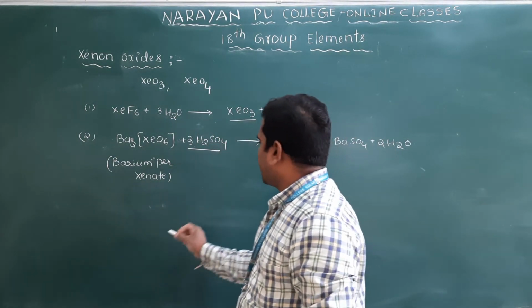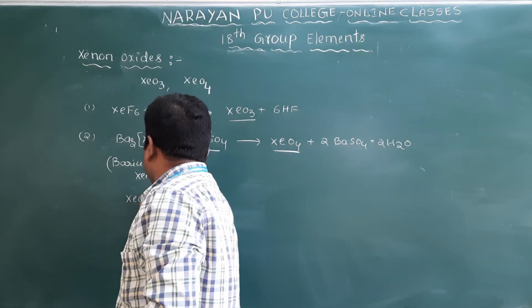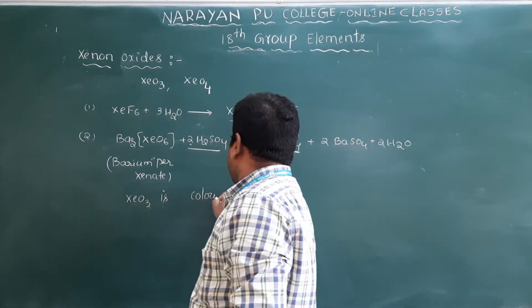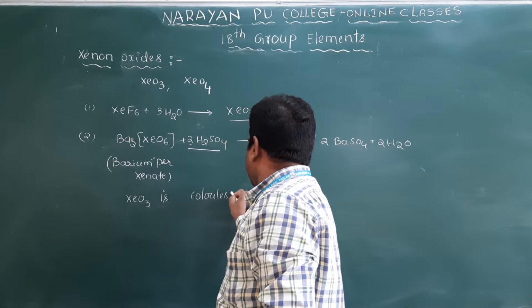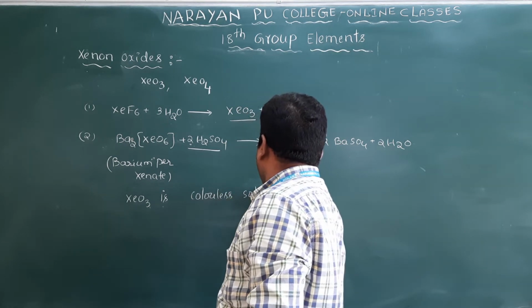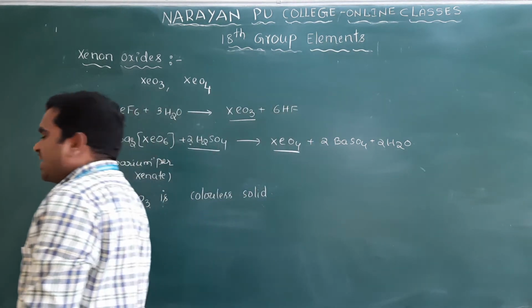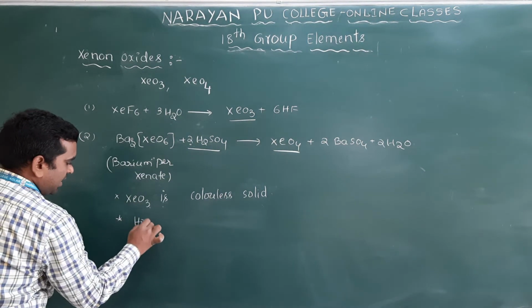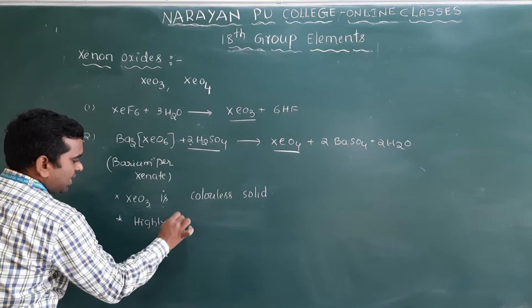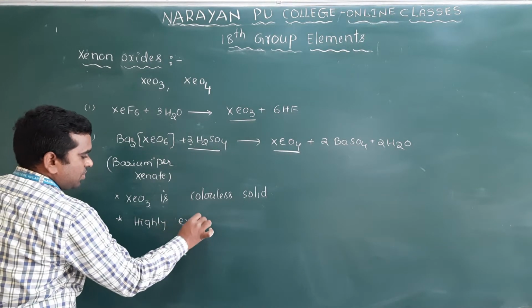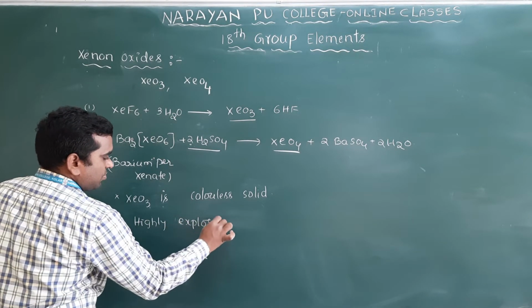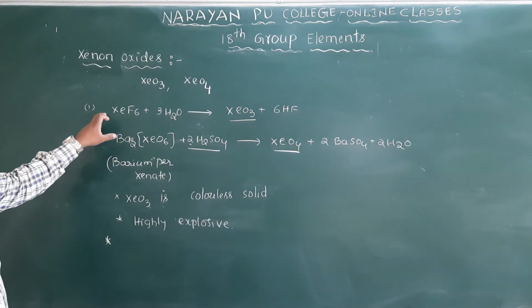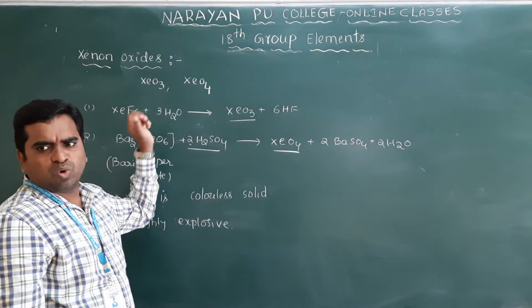XeO3 is a colorless solid, and it is highly explosive. And XeO4 is not as stable as XeO3.